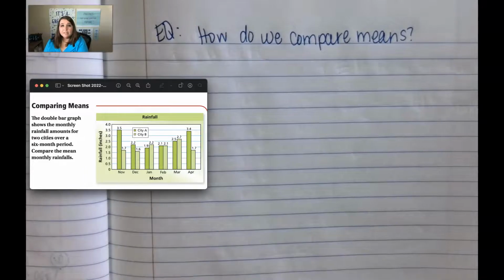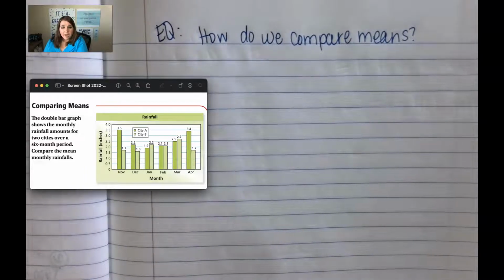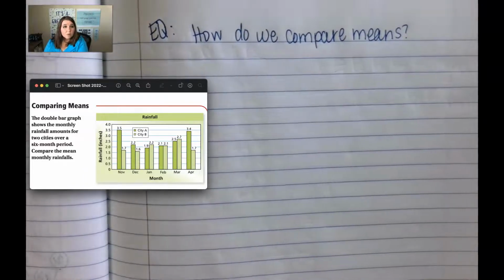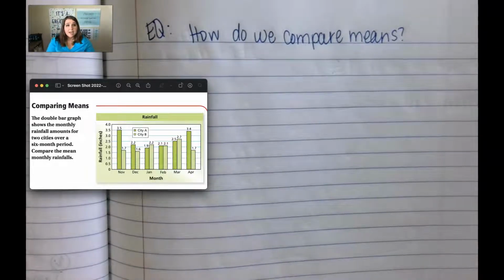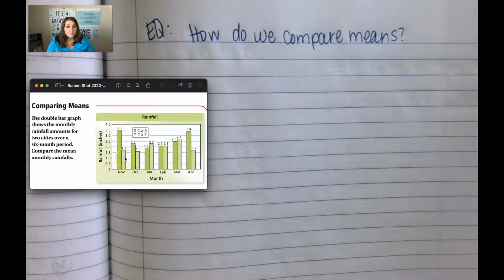Well, let's take a look at some data that has been graphed. So this is a double bar graph. It's called a double bar graph because it has two bars that are side by side. Okay, you have city A and then you also have city B. And it shows the amount of rain that fell in a 6-month period.